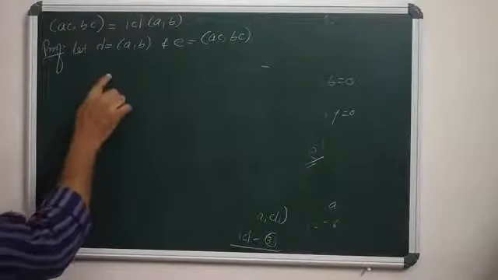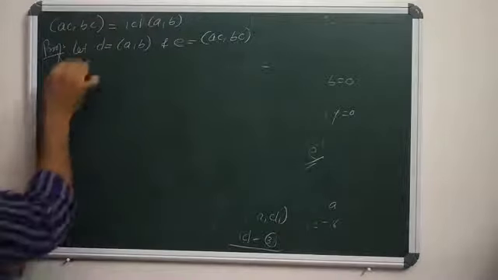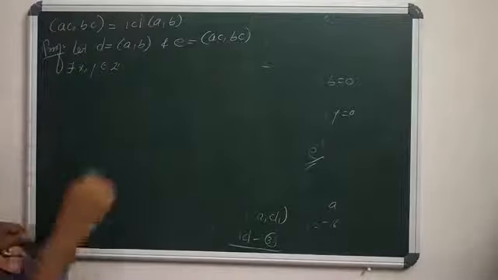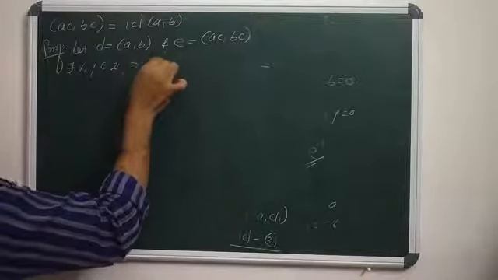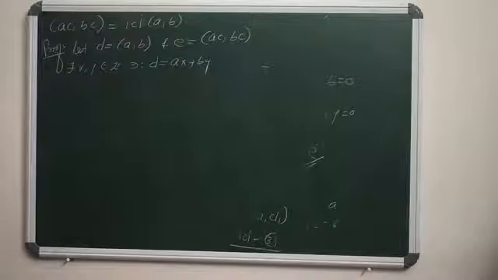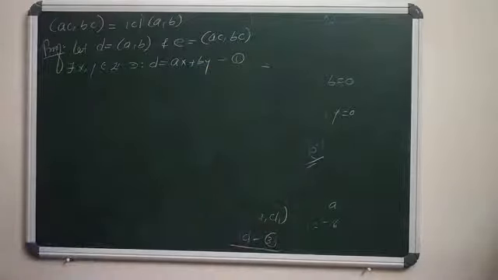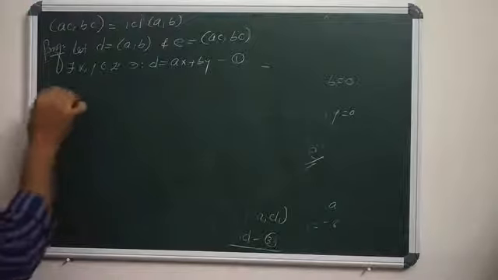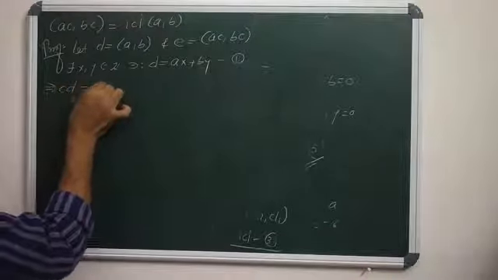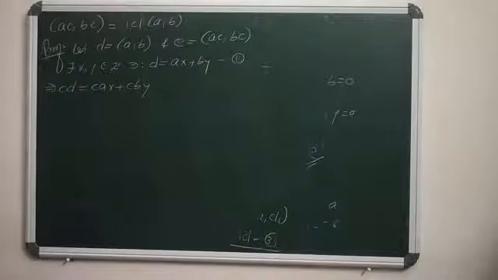D equals GCD of A and B means D is the common divisor of A and B. Then there exist two integers X and Y such that D can be expressed as a linear combination of A and B, that is D equals AX plus BY. Marking this equation 1. Okay. D equals AX plus BY means CD equals CA into X plus CB into Y, or AC into X plus BC into Y.